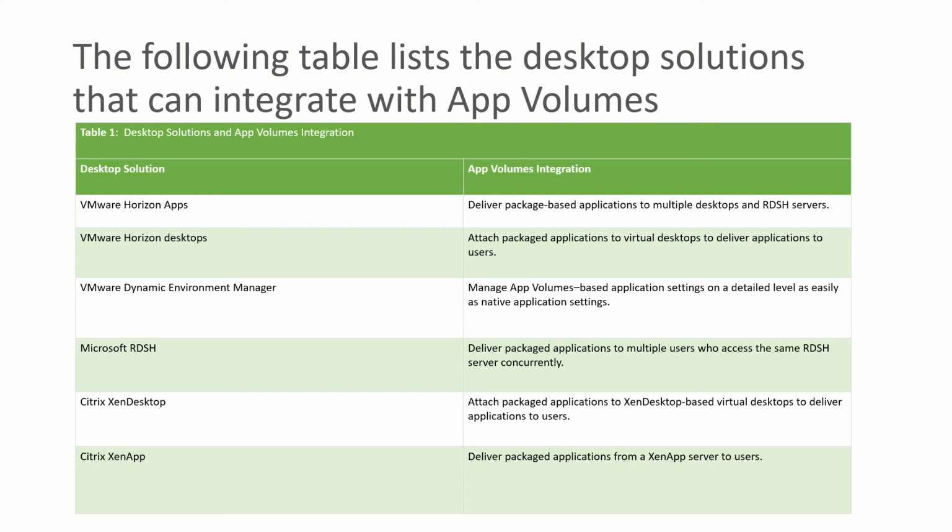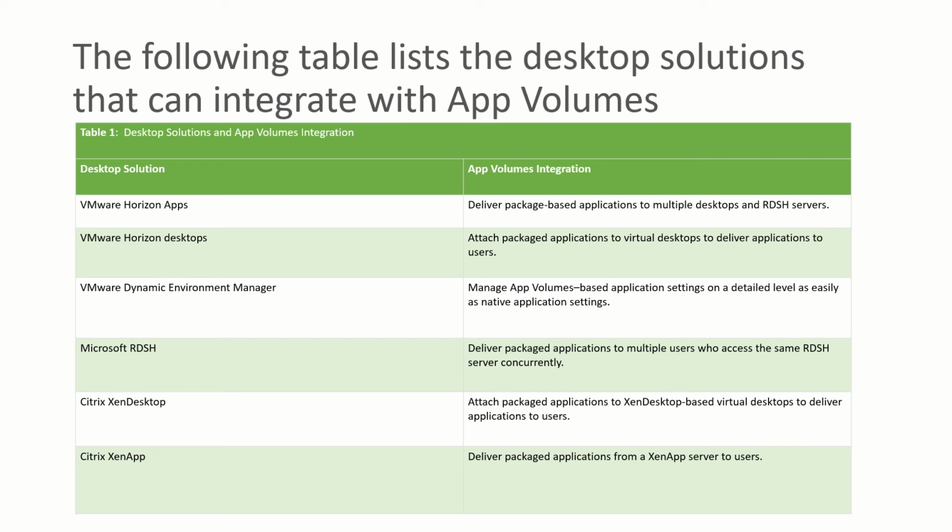Next is App Volumes components. The VMware end user computing portfolio integrates with existing VMware Horizon components such as Horizon desktops and VMware DEM. It also integrates with applications and desktops such as Citrix XenApp, Citrix Desktop, and with Microsoft RDSH, that is Remote Desktop Session Host environments.